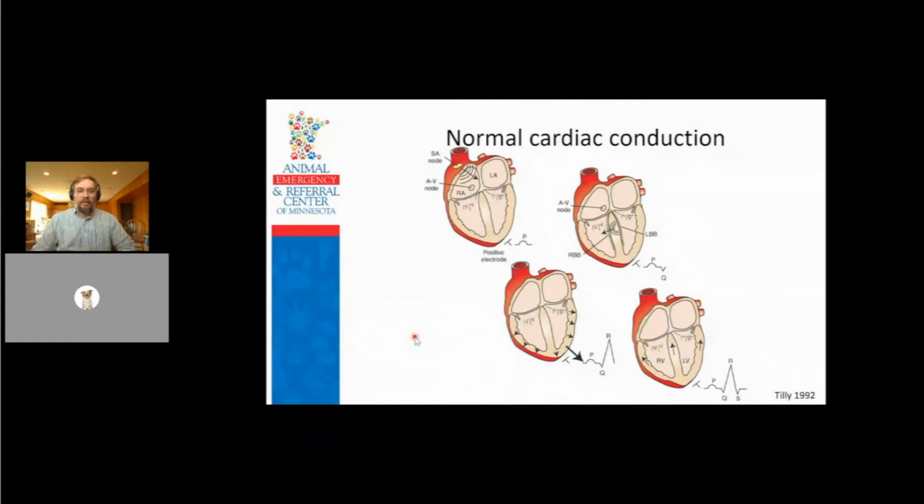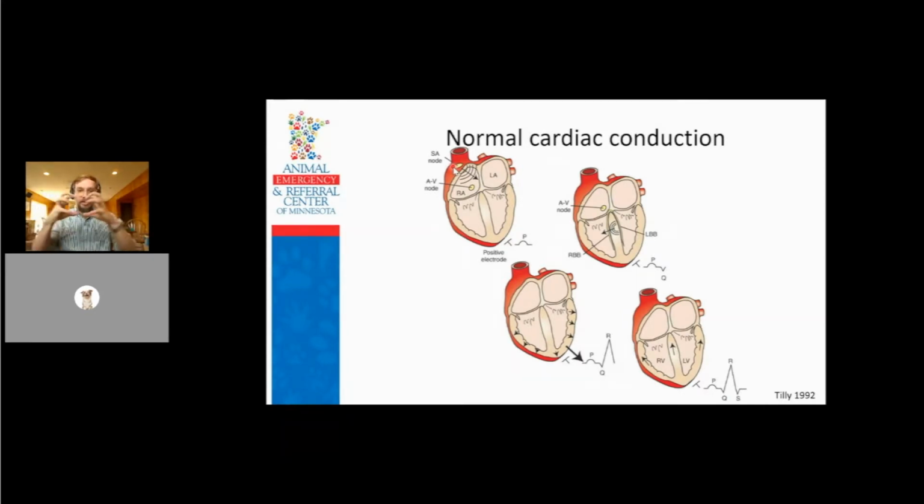So as we think about how it causes the EKG, you get the little spark from the SA node, which you usually do not see on the surface EKG. It's actually a little tiny blip, but that starts the atrial depolarization.